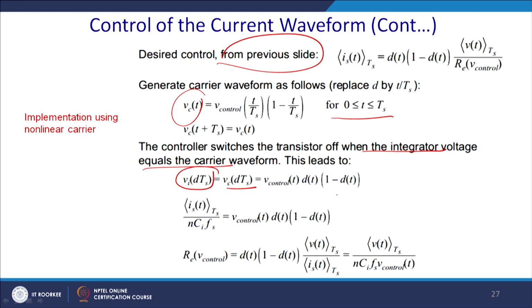With a few approximations, the emulated resistor with the control becomes dt (1 minus dt) Vt by Ist by Ts. Ultimately it leads to Vt n Ci Fs V control. So, this will be the emulated resistance in case of the current control mode.